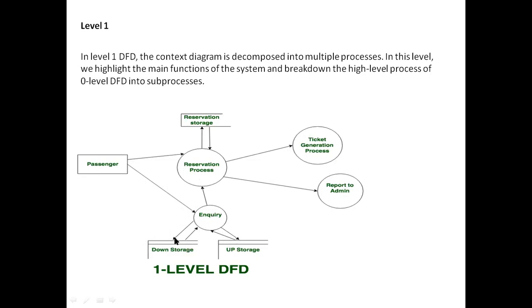It will be requested to both data stores, and the result or output will be given to this inquiry process. Okay, and the inquiry process gives to the reservation process and the ticket will be generated. Or a passenger can inquire about reservation. Whatever reservations are stored in the reservation system will be given to the passenger.